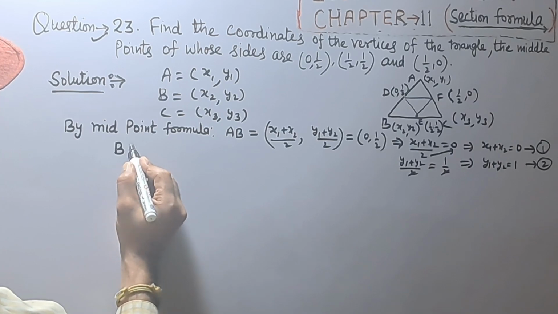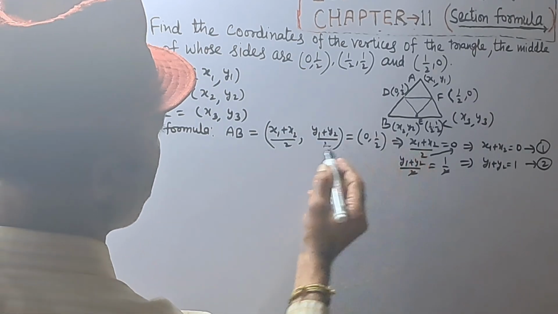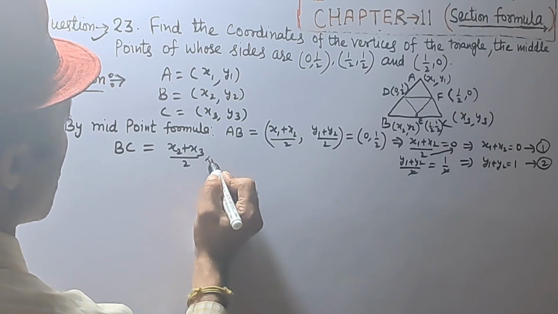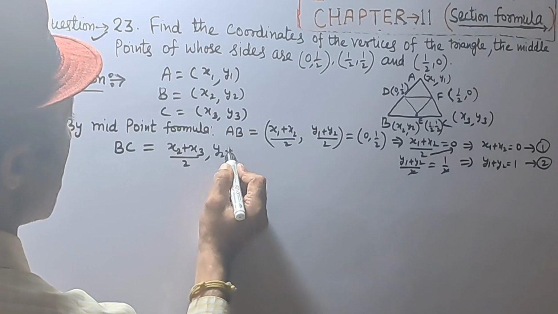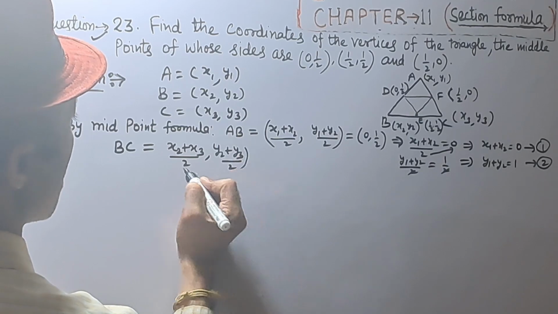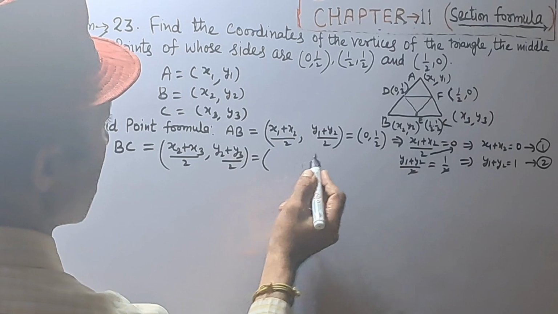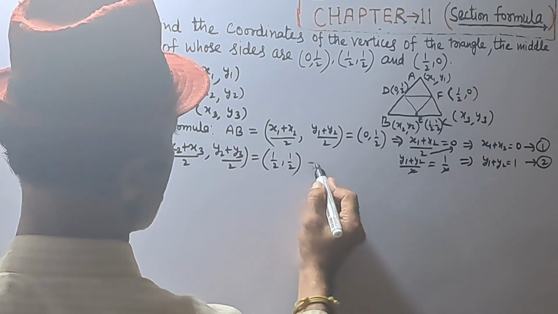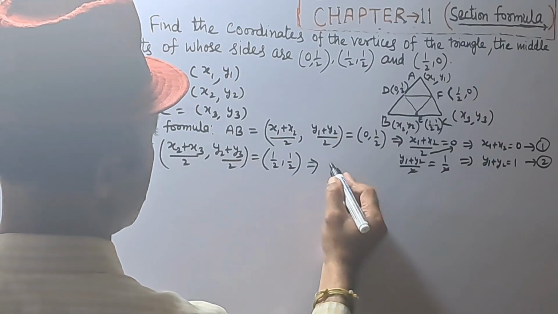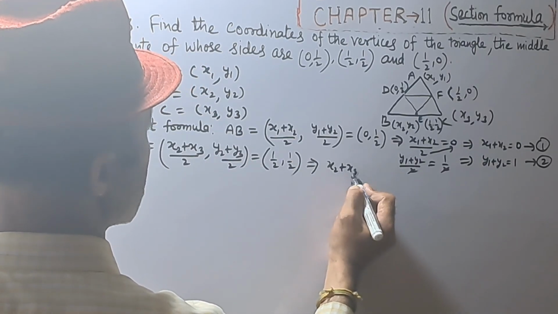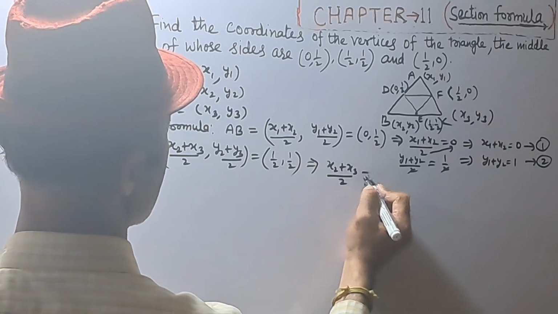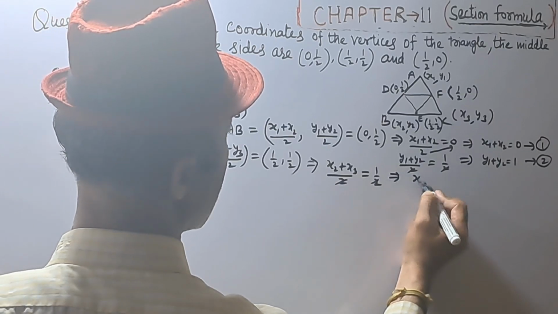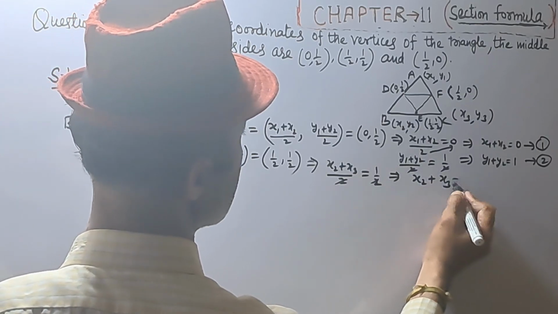By midpoint formula, BC is equal to ((x2 plus x3) upon 2, (y2 plus y3) upon 2), that is equal to (1/2, 1/2), which implies (x2 plus x3) upon 2 is equal to 1 by 2. 2 is cancelled and we get x2 plus x3 is equal to 1.